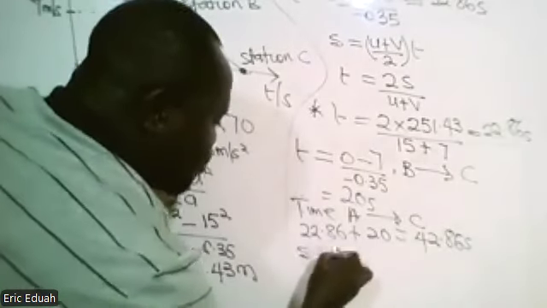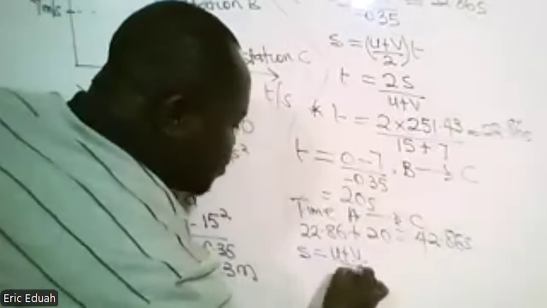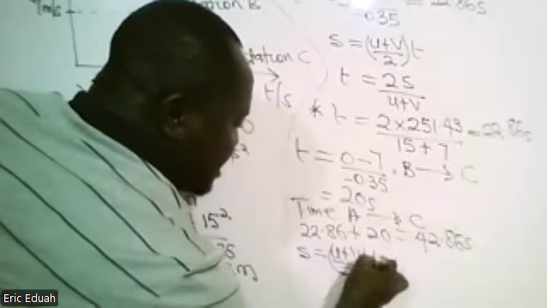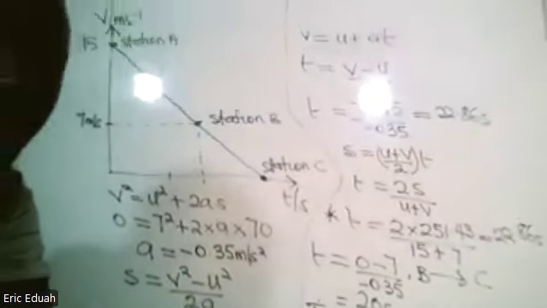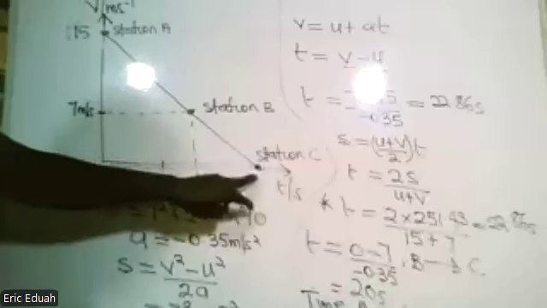equal to U plus V over 2 times T. Okay, here this time we are looking for the time for station A to station C. The total distance involved you can determine.